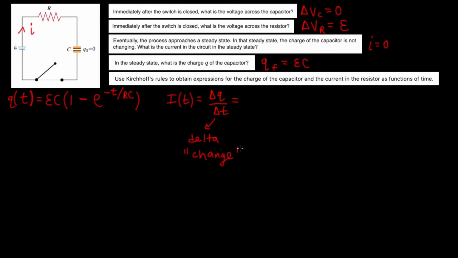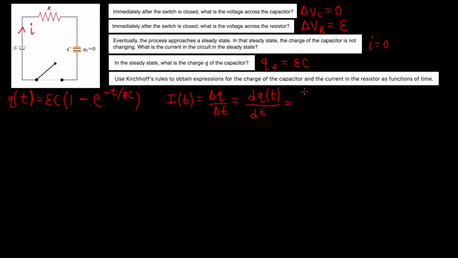So we could just replace those delta signs with dq and dt, because dq and dt represent a very small change in charge and a very small change in time. And so this is the definition of current, that current is a change in charge over a change in time. And since the current is a function of time, I'm also going to write that the charge is also a function of time, since the charge is changing with time.